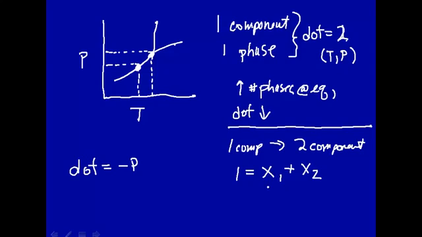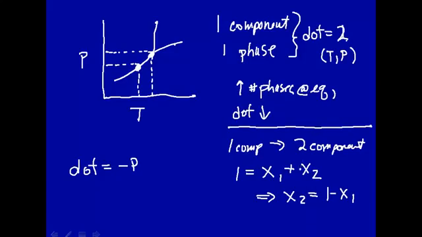For example, if you just specify a concentration x1, with that concentration x1, x2 has to be 1 minus x1. Because of this relation, you reduce your degrees of freedom from 2 to 1. Just like you reduce the degrees of freedom when you specify phases, because the chemical potential has to be equal in both phases, you reduce the number of phases by 1.